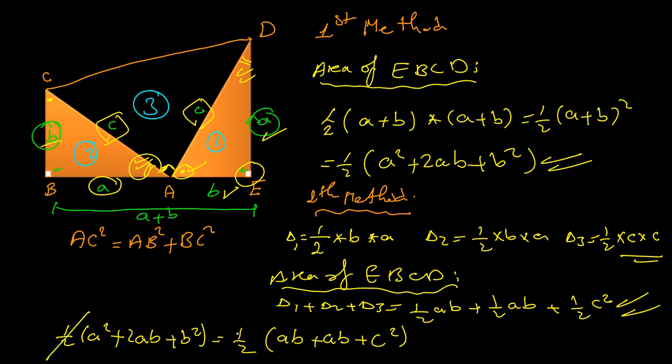Sorry, I take half as a common factor, so half times AB plus AB plus C squared. Now the half cancels with the half. So A squared plus 2AB plus B squared equals AB plus AB, which is 2AB, plus C squared.